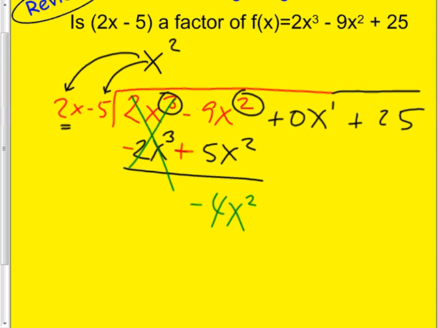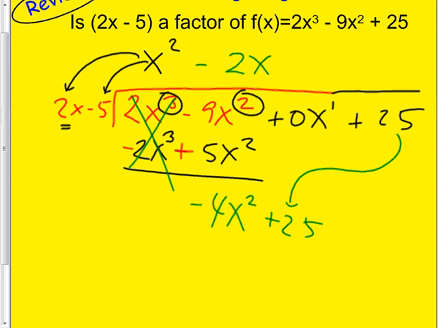Mr. V, tell me what to do now. Nope. Because that's what would get this messed up. If I bring that 25 down, I don't have any x's. Let me show you what would happen if I did bring down the 25. If I skipped over the 0x, then when I stick a negative 2x here, it won't work.